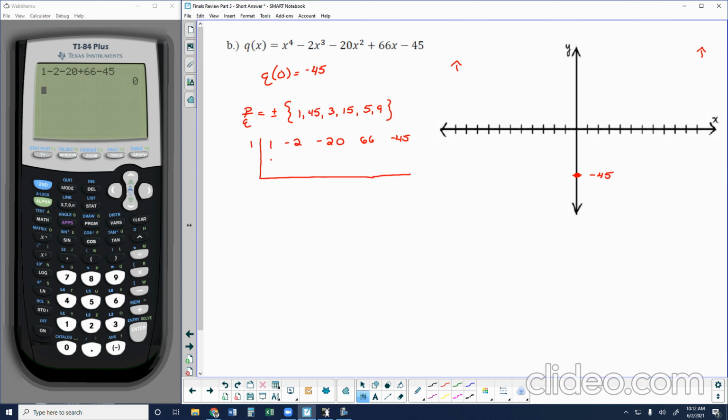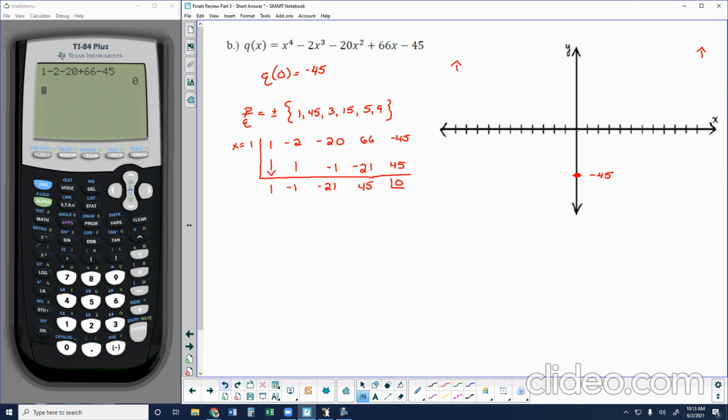My x equals 1 is my zero, so I'm going to go through the process of synthetic division, adding down columns and multiplying by 1 out here, and putting that result in the next column. And as I do that, I find that I have 0 as a remainder, so x equals 1 is a solution.